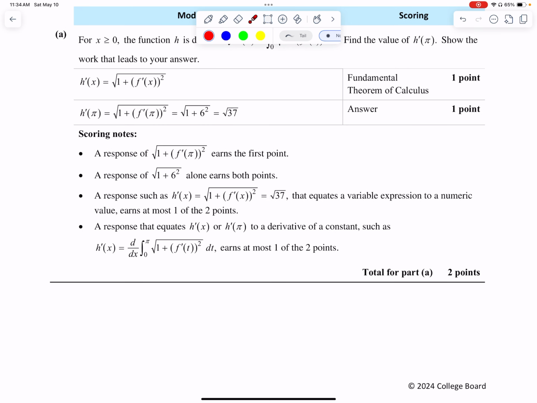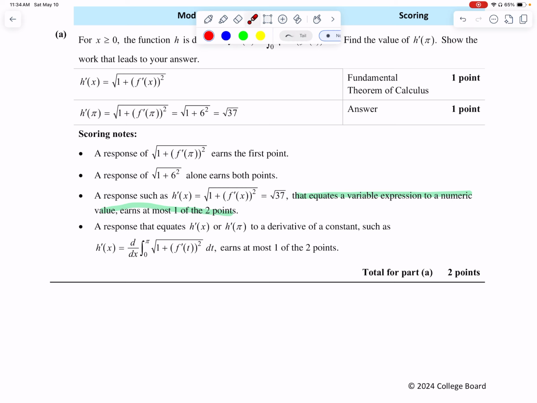A response such as h prime of x is equal to, notice that this is all variable, is equal to the thing that's not a variable, equates a variable expression to a numeric expression, earns at most one of the 2 points. In other words, this is that linkage thing that they discount some, they take some of your points away.